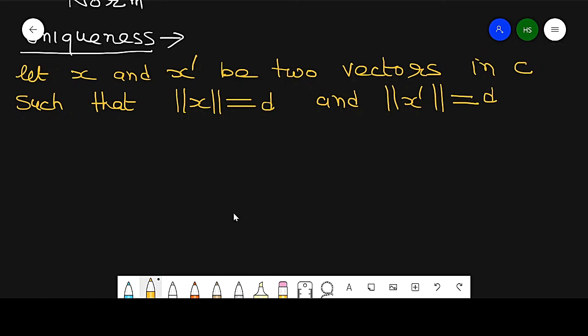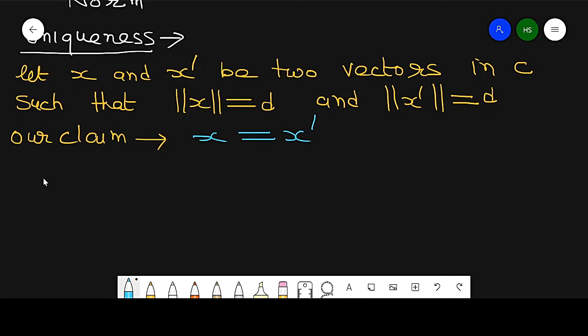So what is my claim? My claim to prove, in the case of uniqueness, is x equal to x dash.